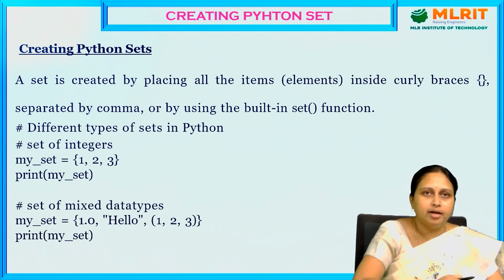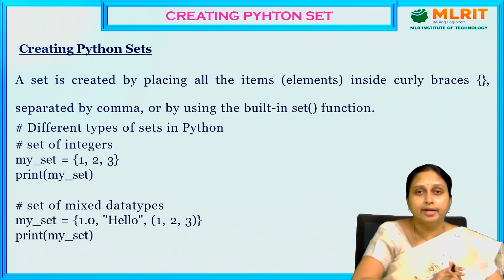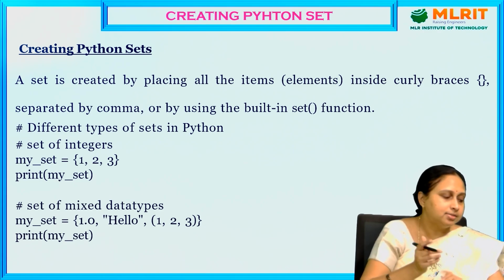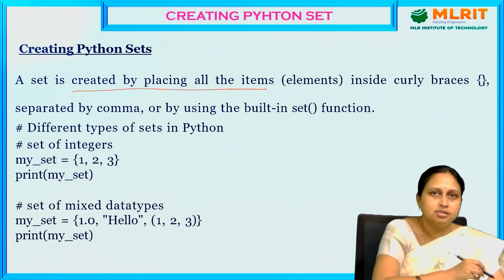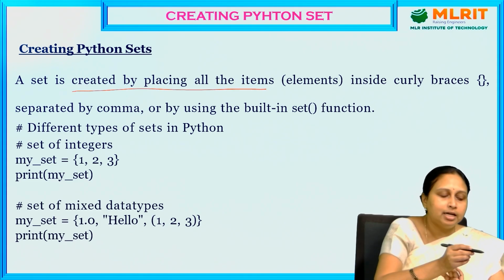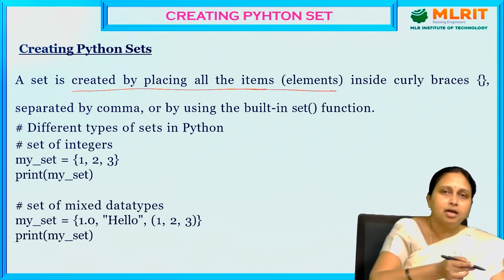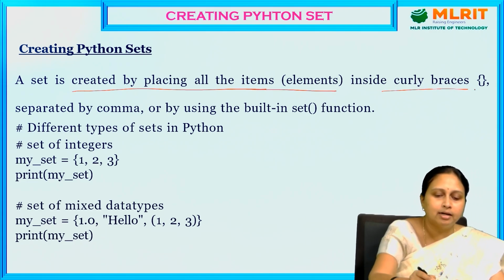Let us create the Python set. In what ways can we create a set in Python? A set is created by placing all the items or elements inside curly braces.